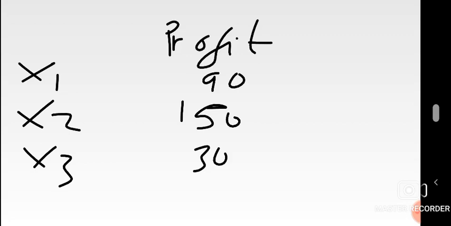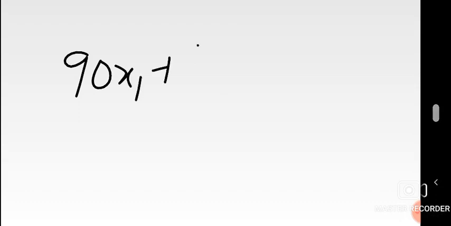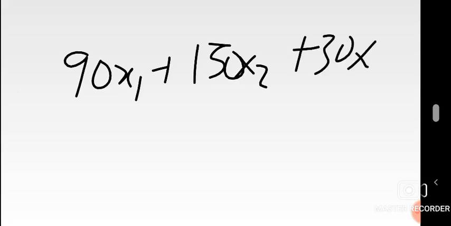Then the profit that we're mentioning can be your profit function, or your objective, because usually what guides you to put an objective function is where you see the word profit, because that's what you're trying to maximize. So this is how the equation will look: 90x1 plus 150x2 plus 30x3. Done. That's your objective Z.